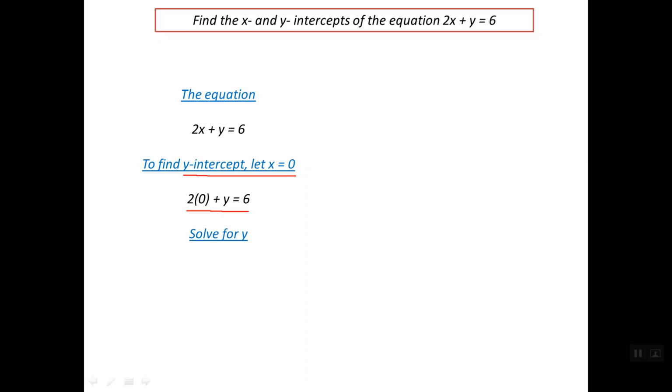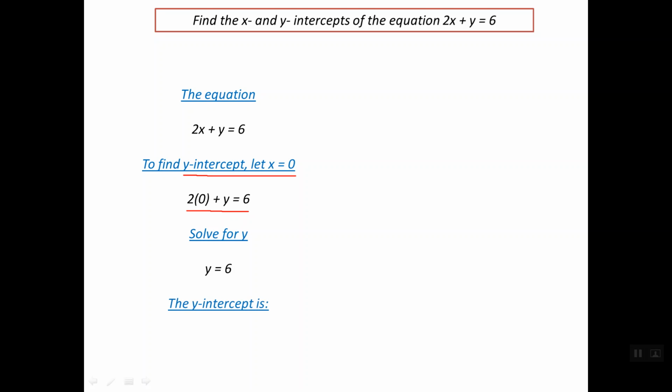Now, by the same way, we can find the y-intercept. In order to find the y-intercept, we simply let the value of x be 0 and solve for y. So the equation 2x plus y equal to 6 becomes 2 times 0 plus y equals 6. If you solve for y, the remaining of the equation is y equal to 6.